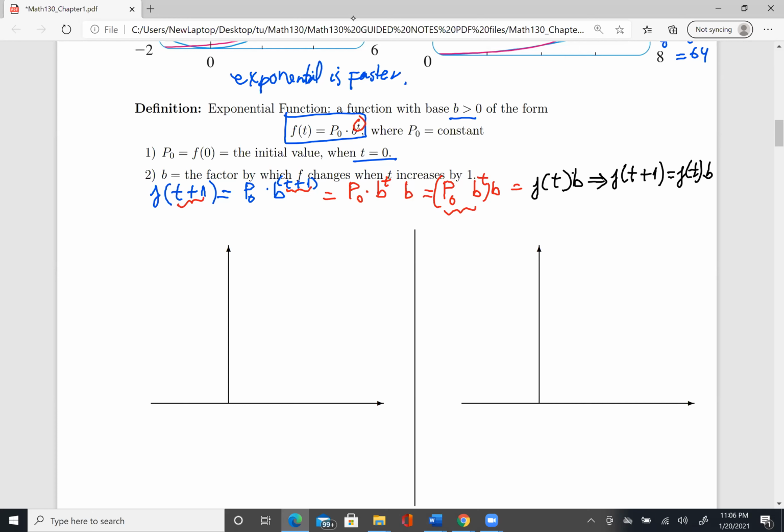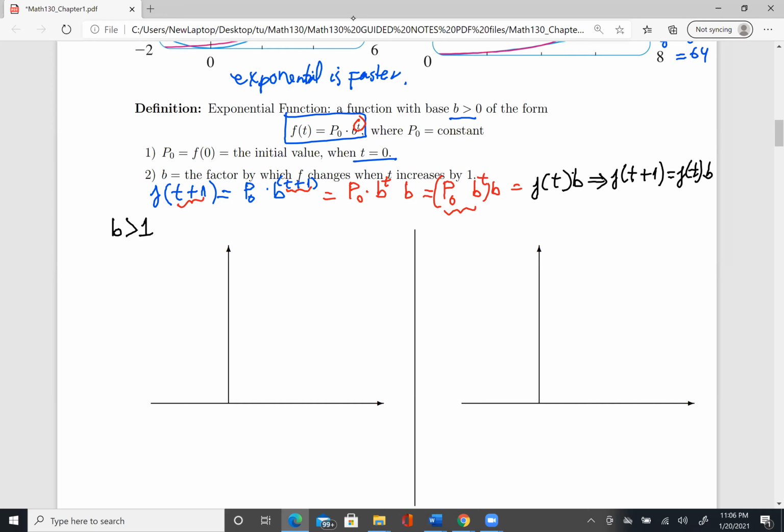On the left-hand side here we're gonna graph the case where b is greater than 1.